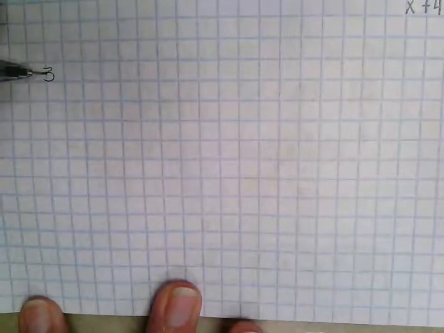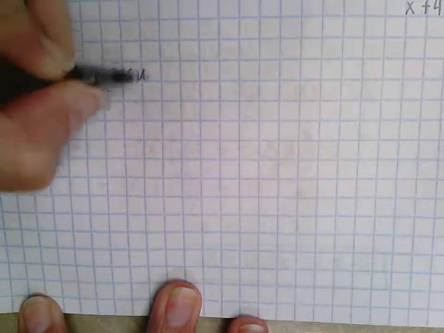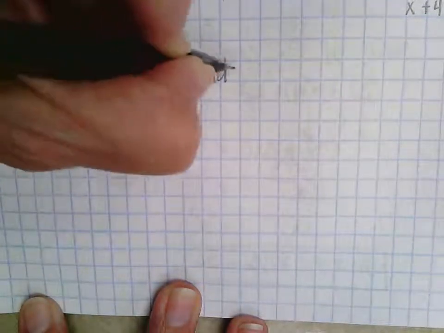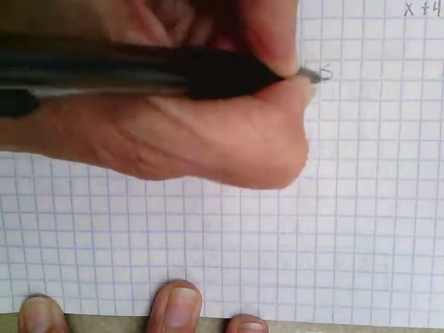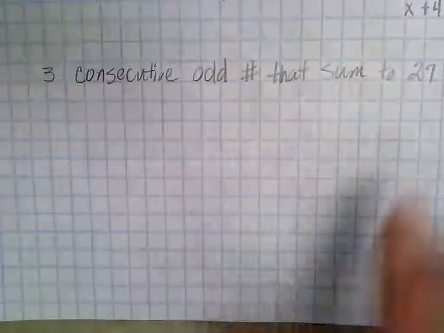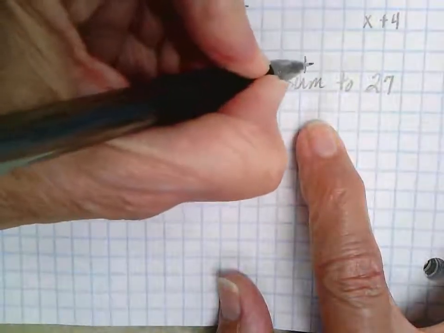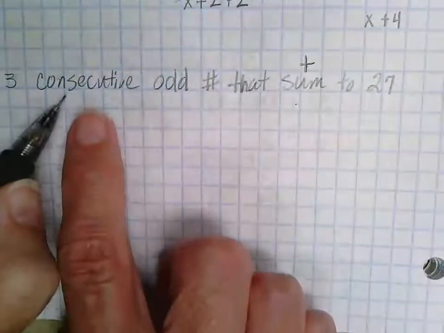Let's say that I am looking for 3 consecutive odd numbers that sum to 27. And again, sum means I'm going to be adding these 3 numbers together when I'm looking for a sum.